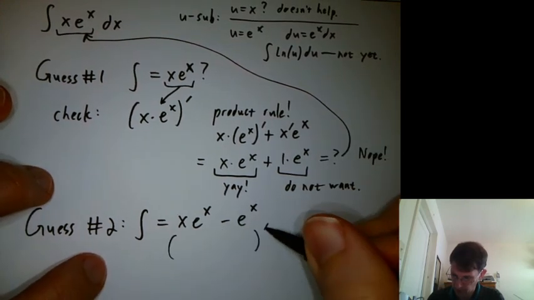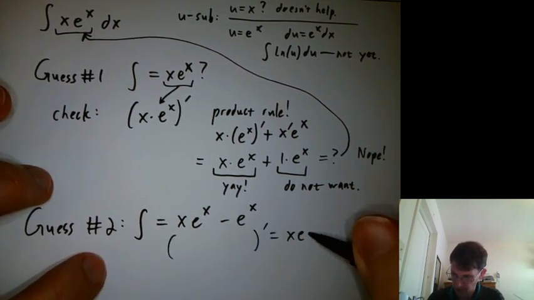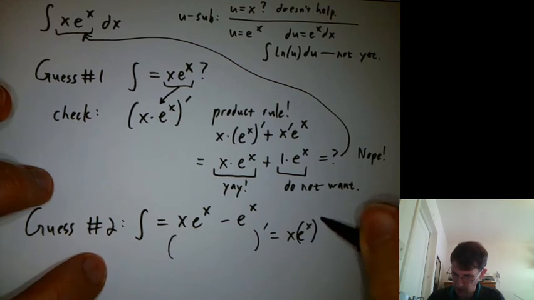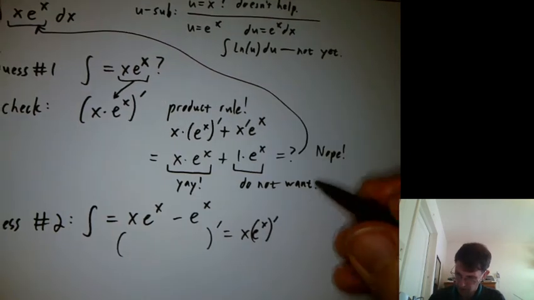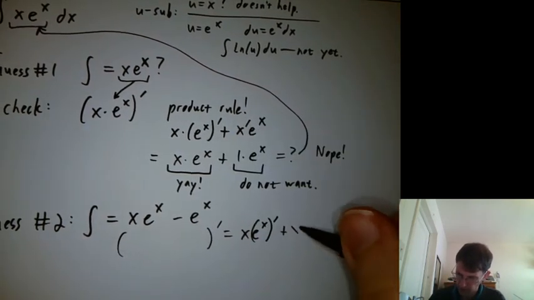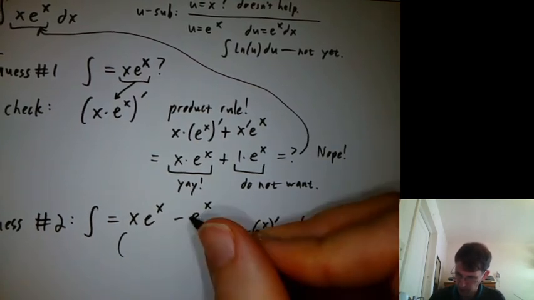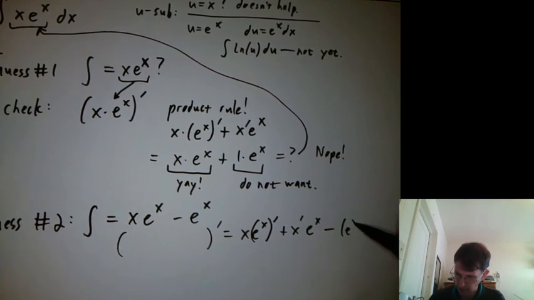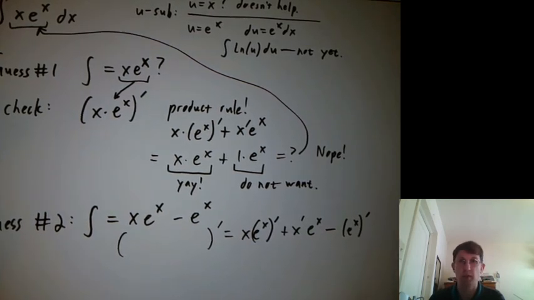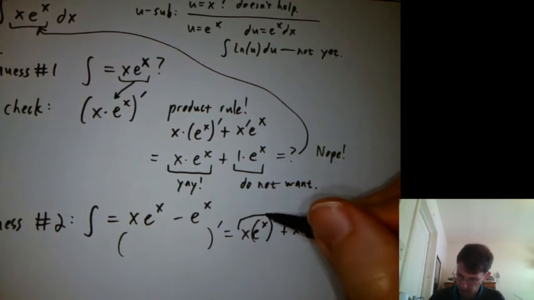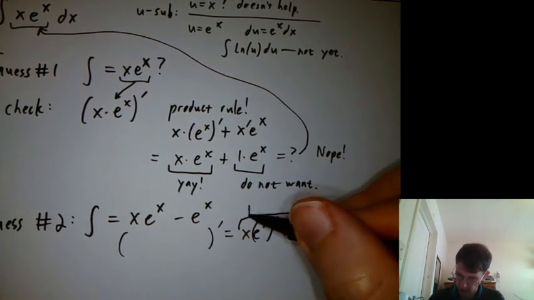So that thing prime is x e to the x prime, just like before, plus x prime e to the x. So that's the product rule, and then minus e to the x prime, just that last part there. So let's say that's all from the product rule.